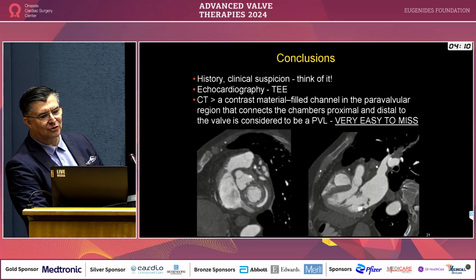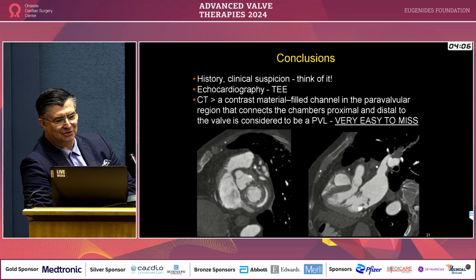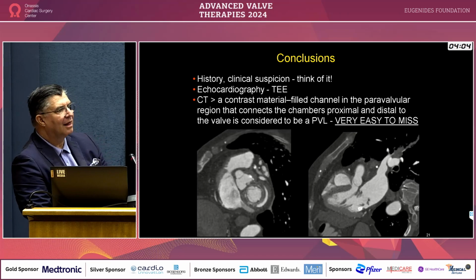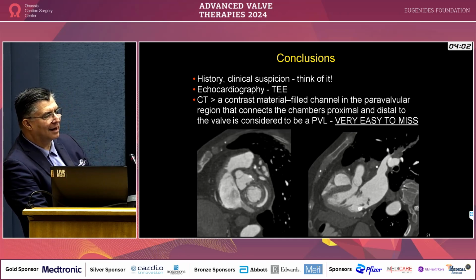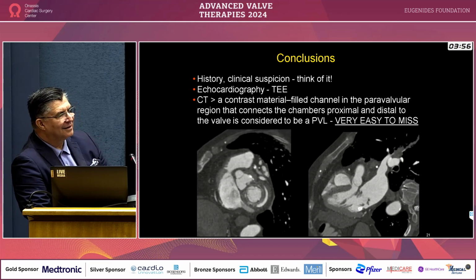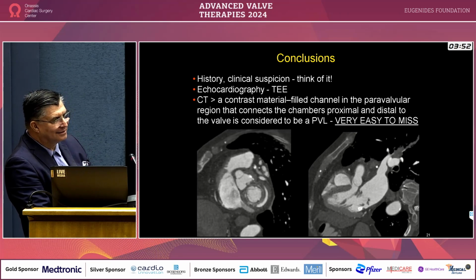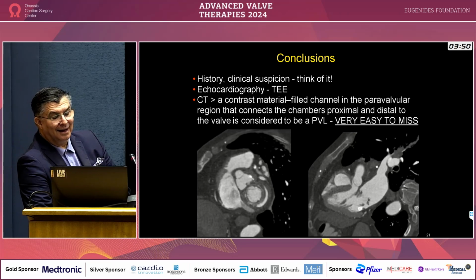And in order to conclude, the most important thing is history and clinical suspicion. Think about it. Have a high index of suspicion. Know what you are looking for. It is very, very easy to read an abnormal CT as normal.